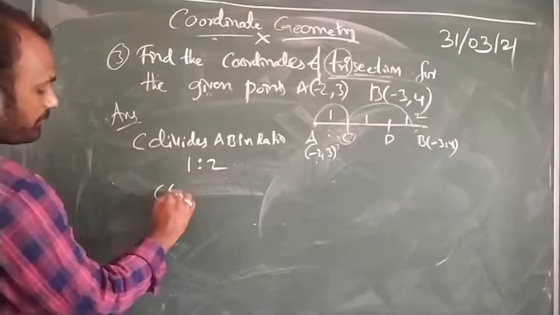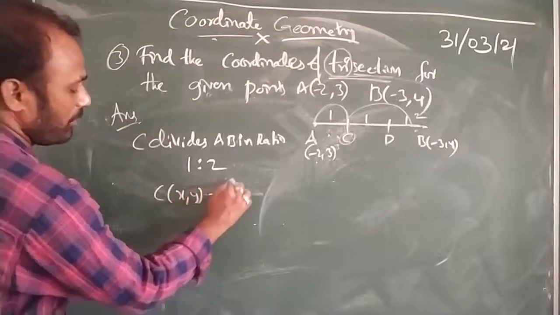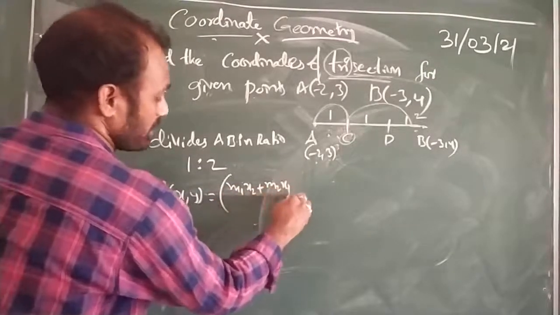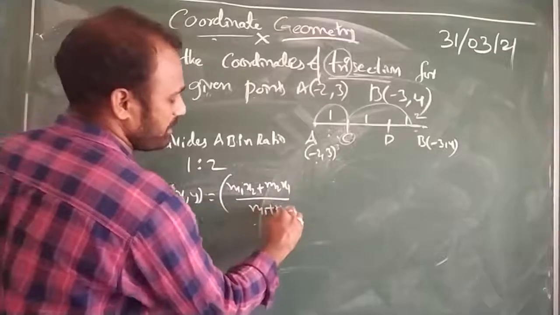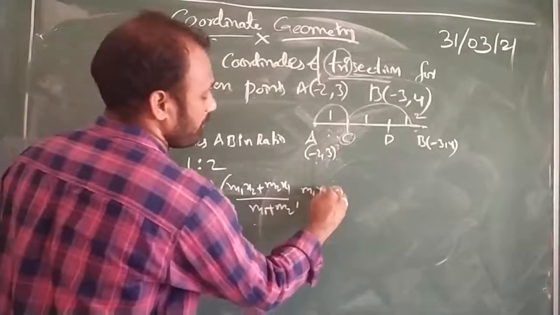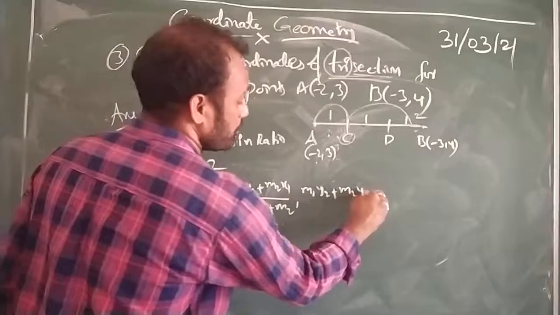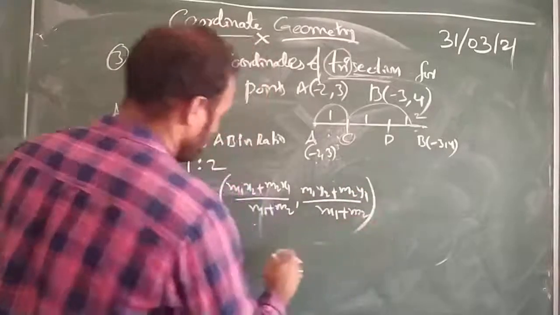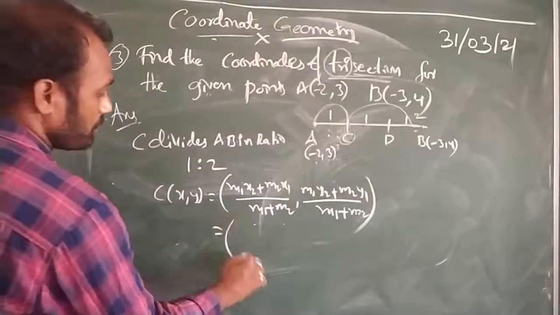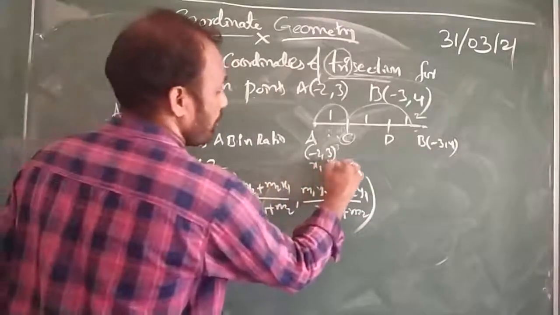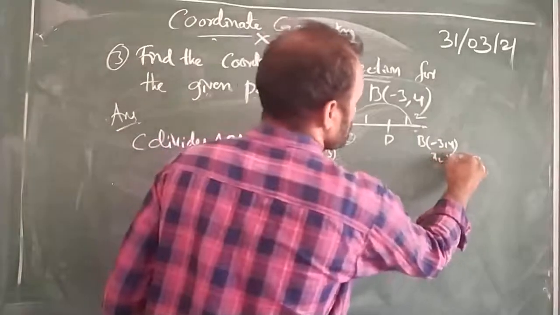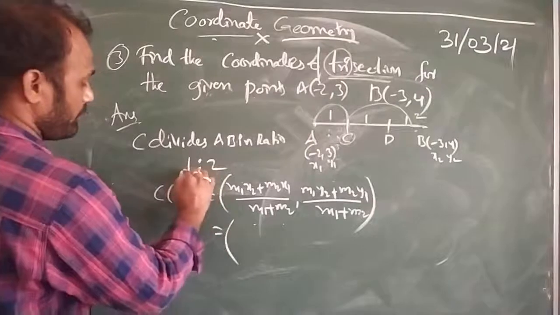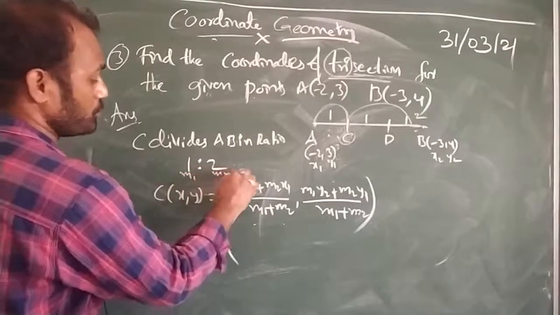So to get the answer of C (x, y), we have to use the formula (m1x2 plus m2x1) by (m1 plus m2) comma (m1y2 plus m2y1) by (m1 plus m2). So let us substitute the values. This is x1, y1 and this is x2, y2. So m1 is 1, m2 is 2.